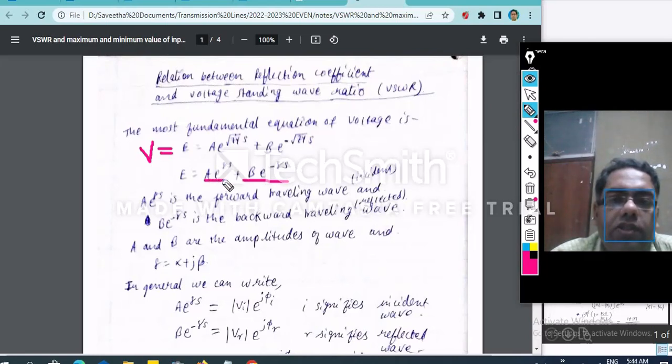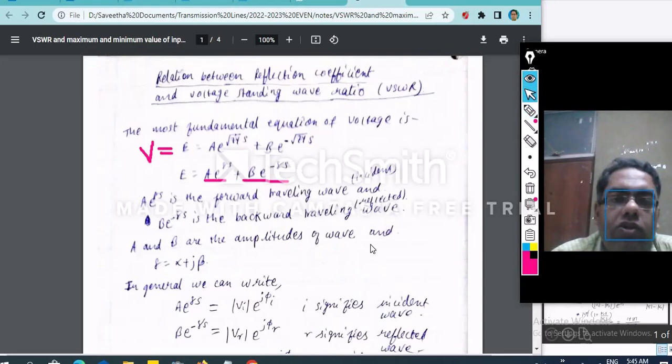Now this A e to the power gamma S is a complex quantity. A is also complex and gamma is also complex, because gamma is the propagation constant, so gamma is alpha plus j beta. So in short, we need not know the exact expression of the magnitude and the phase of this complex quantity.